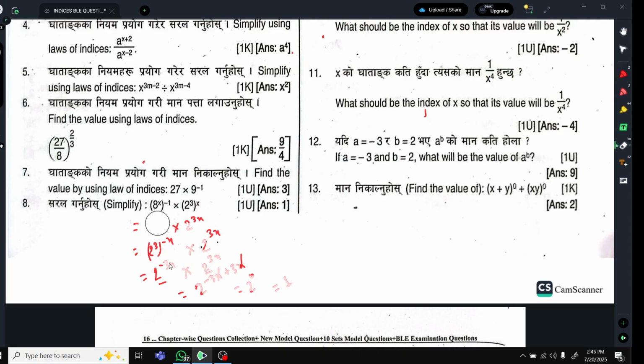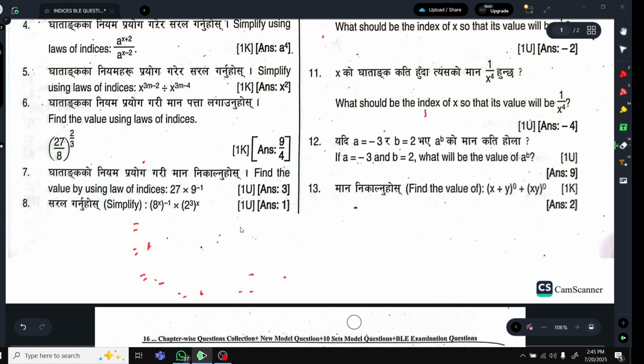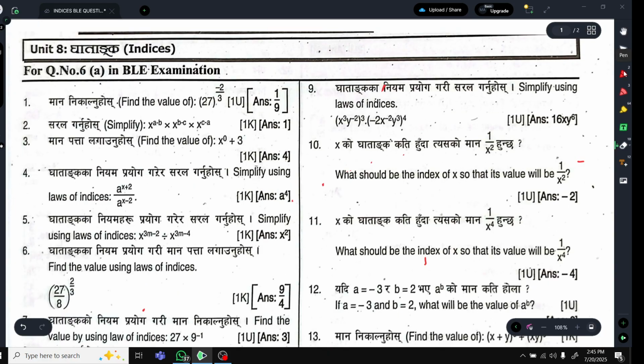Now let us go to question number 9. Question number 9, what do we have? Okay, here we are now in question number 9. X to the power 3 into y to the power minus 2, whole to the power 3.